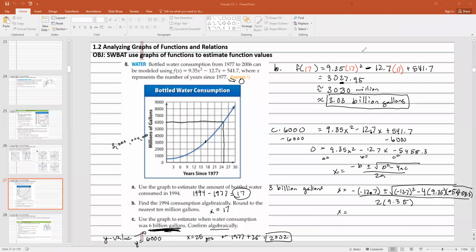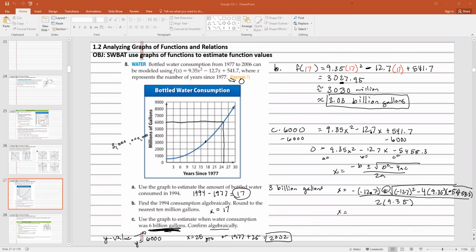As you were putting that into the calculator, you're probably wondering how do you put that plus or minus. You have to do it 2 times. One time you put a plus, so negative 12.7 plus the square root of blah, blah, blah, over 2 times 9.35.